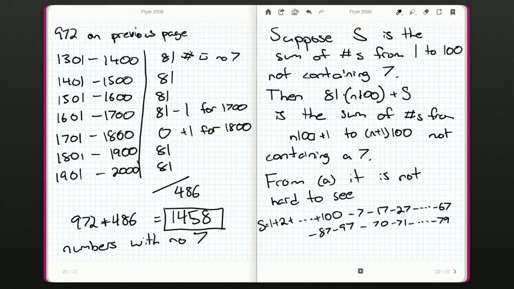So the 70s and then all the other ones that just have a single 7 digit. Well, the sum of the numbers 1 to 100, that's 100 times 101 over 2. I've done a video on the sum of the natural numbers, so you can take a look at that. So we're just doing shorthand here. The sum of the numbers 1 to 100 is 5050. It's a fairly common thing to work out.